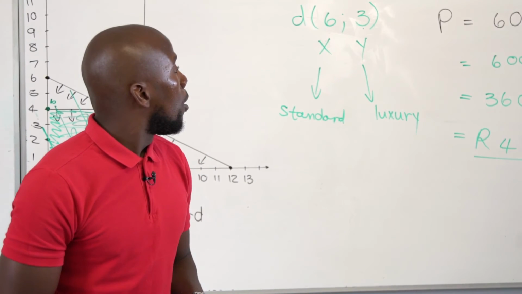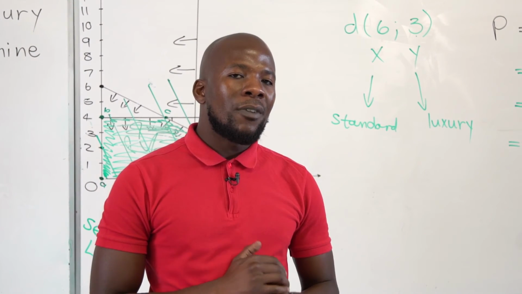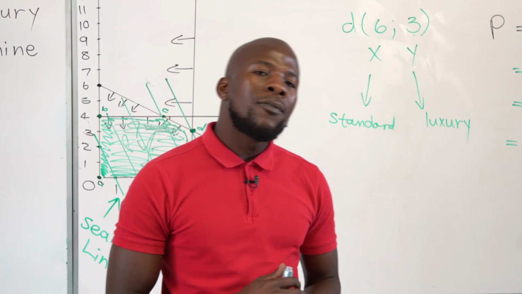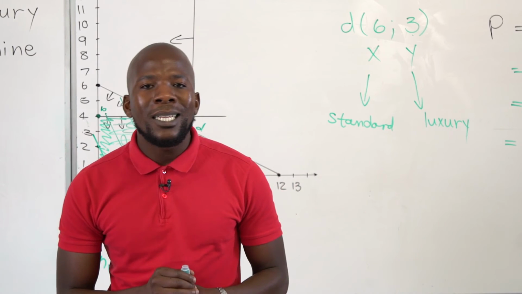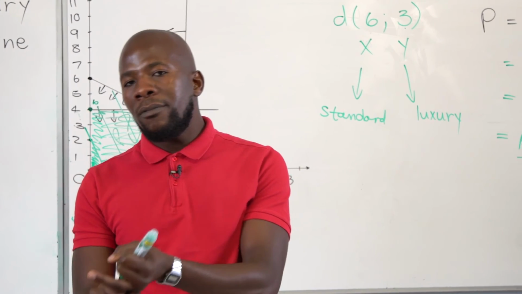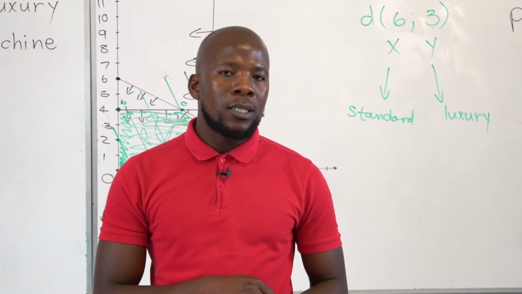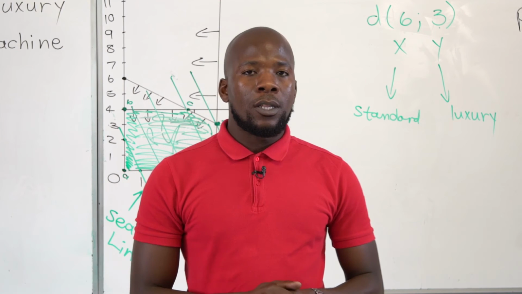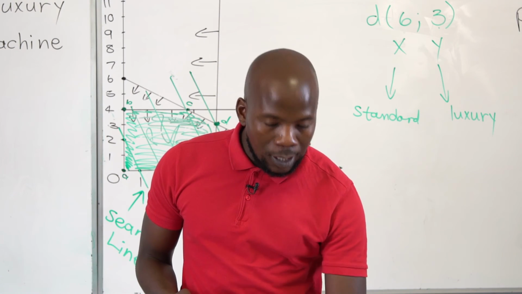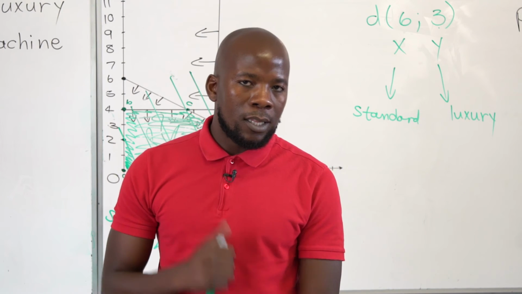Okay, so just to recap, whenever you come across this problem, or a similar type of problem, it may not be the exact same one, it's very important for you to first identify what is x and what is y. What is your x variable? What will be your y variable? What does x and y represent in your equations? Once you've done that, it's up to you to read the statement that you've been given and formulate the constraints.